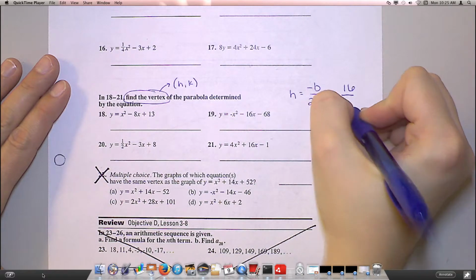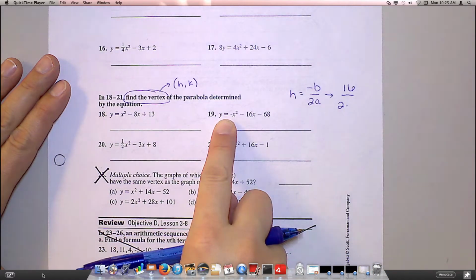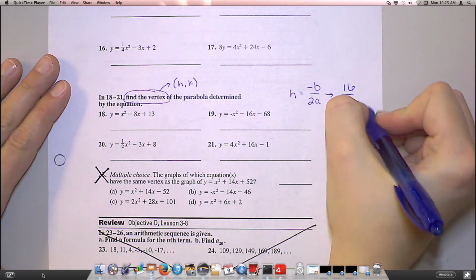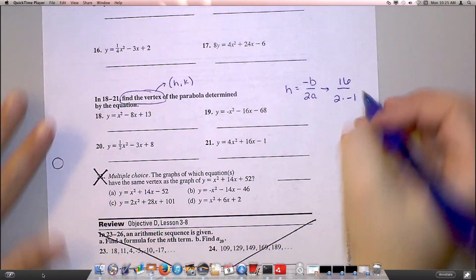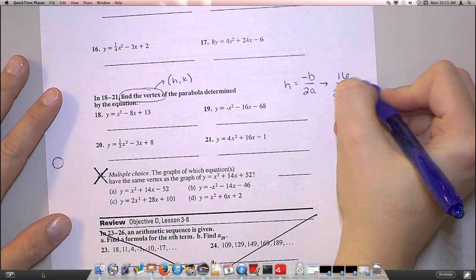Over 2 times, what's my A value? Negative 1. Okay. Your A value is always a number. It's never going to be X. Okay, I see a lot of people wanting to put X in there for A. You don't have an X there. You have whatever number is in front of X. So 16 over negative 2 is negative 8.